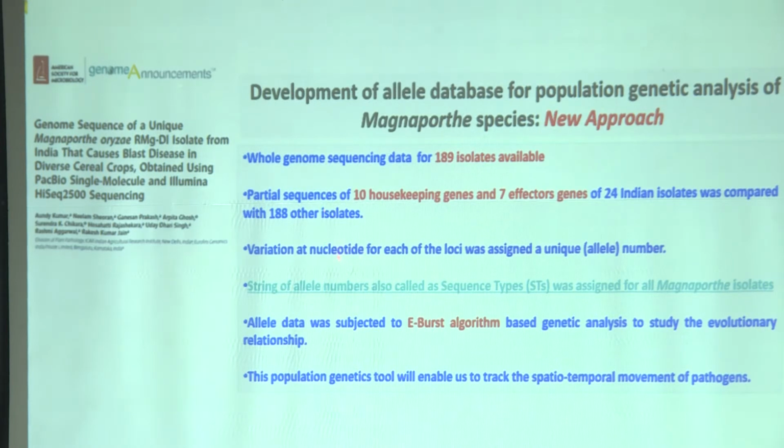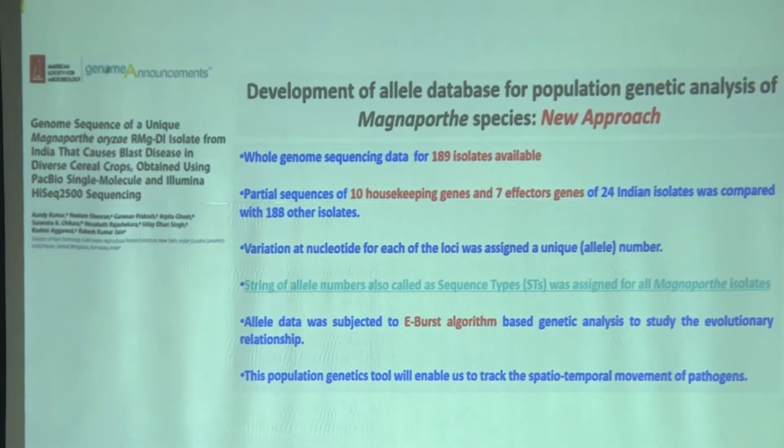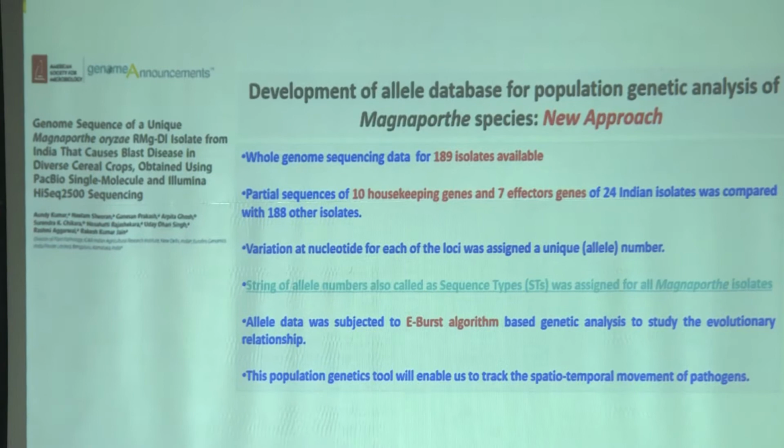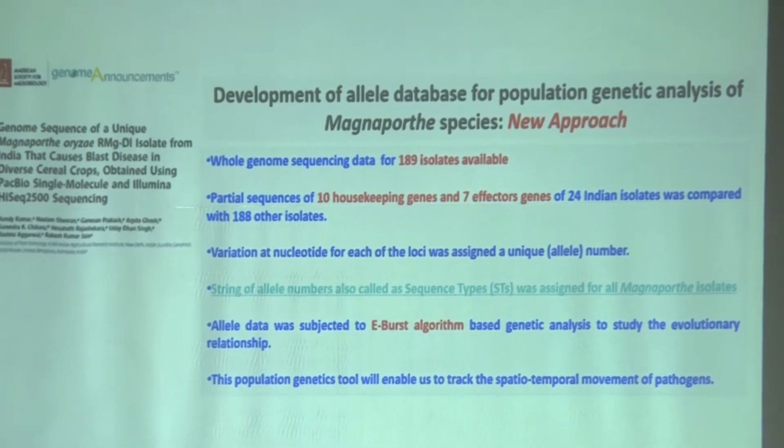Now, what you do? Variation at nucleotide level for each of the loci was assigned a unique allele number, the way I explained in the previous slide. So, prior to that, you generate the sequence information of the test isolates that you handle in your laboratory. So, we handled around 24 isolates, right. They were collected from a specific single field representing different tissues, right.